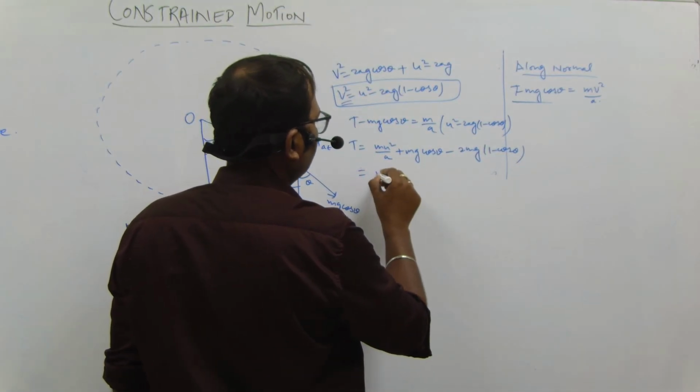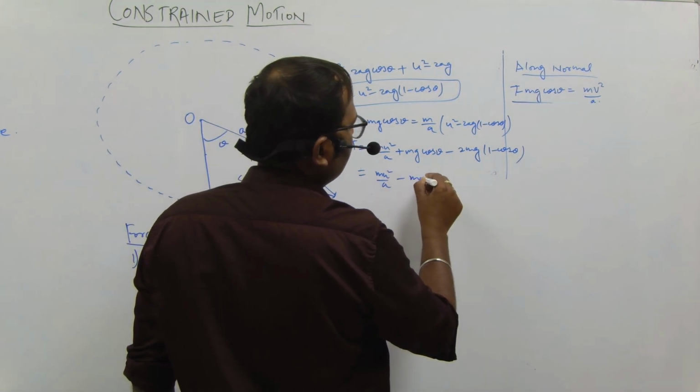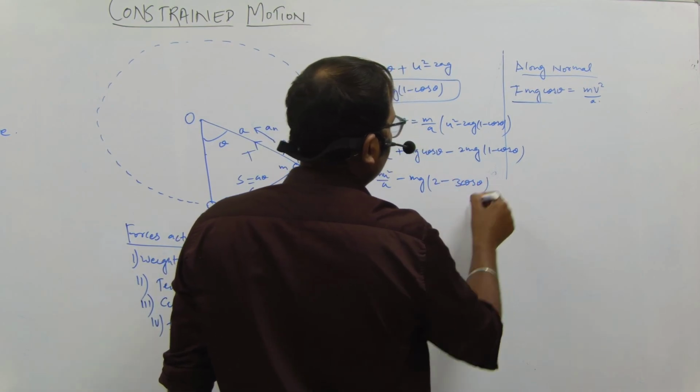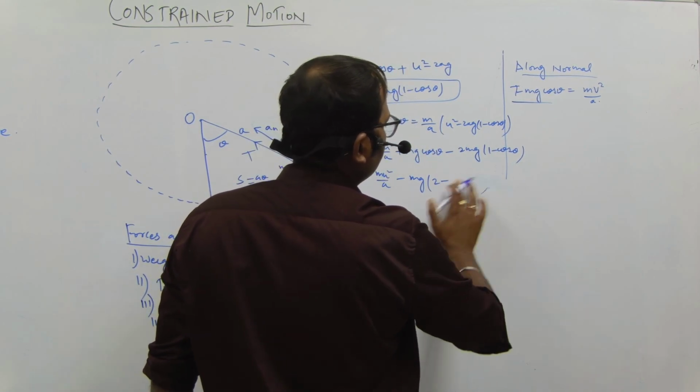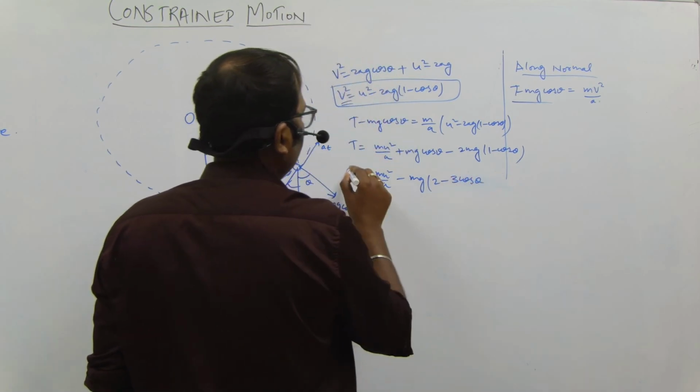So this is equal to mu square upon a minus mg 2 minus 3 cos theta. Okay, 2 minus 3 cos theta. So this is the tension.